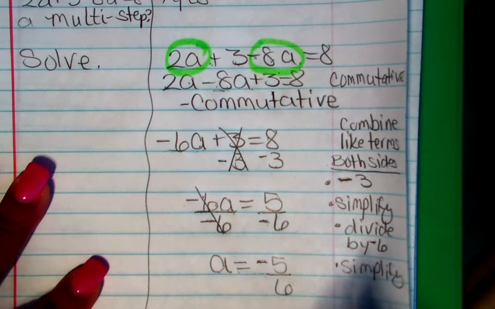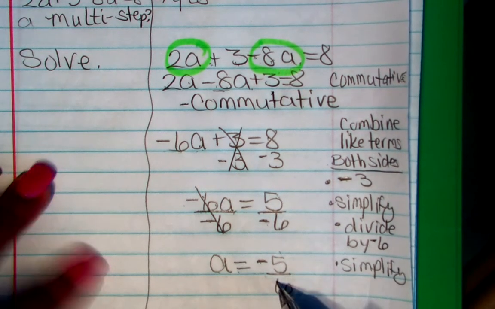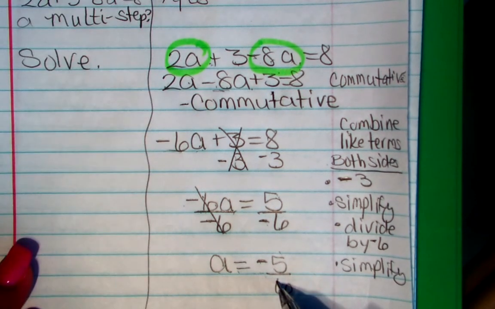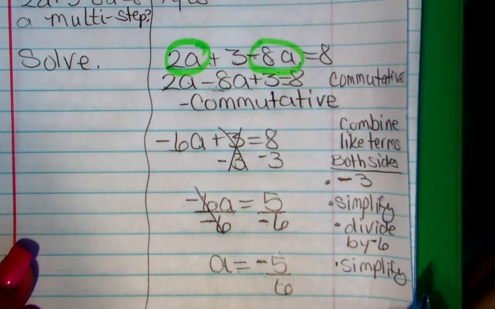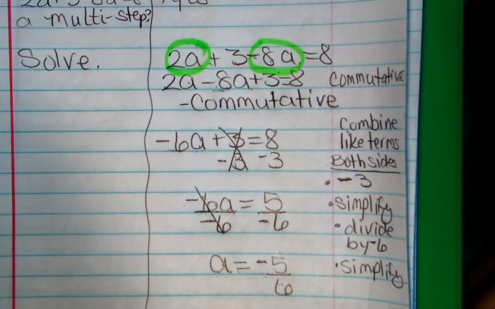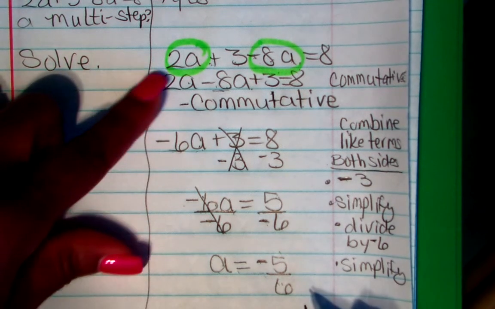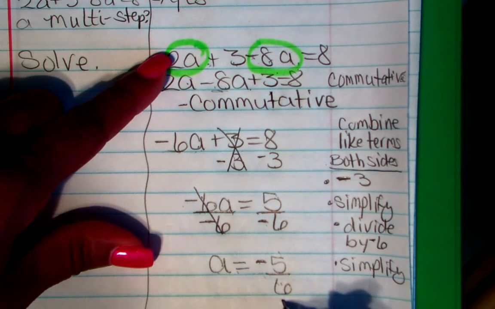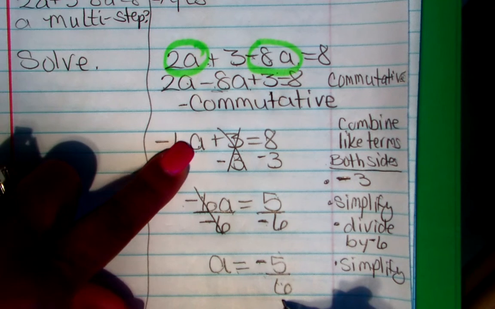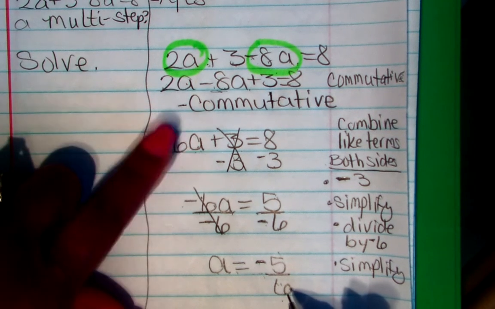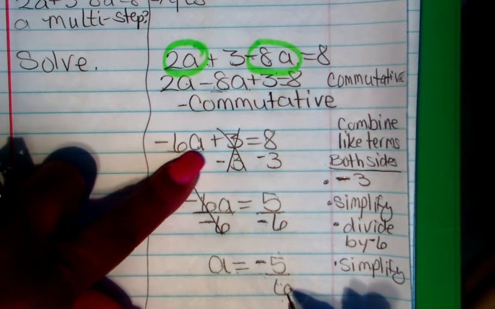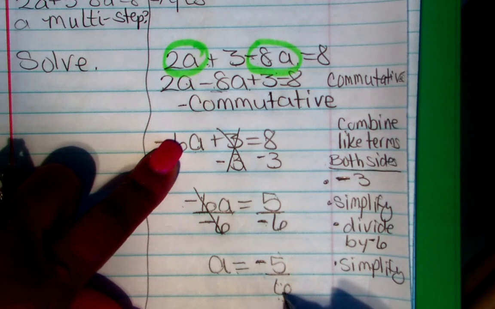Again, substitute the negative 5/6 back into the equation to make certain that your answer is correct. And you probably said, do I have to go back to the original? It's good to go back to the original. However, when I see this negative 6a, the coefficient of a cancels out with this denominator, so I go there.